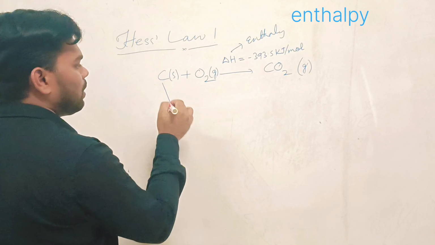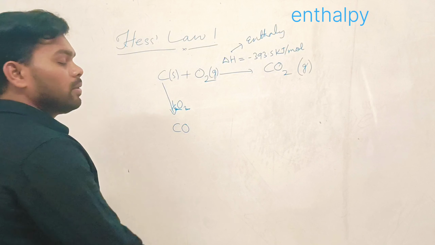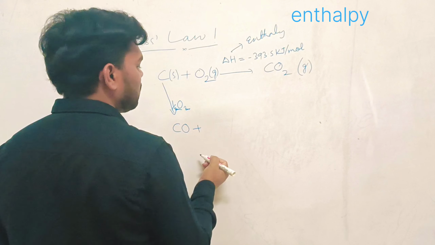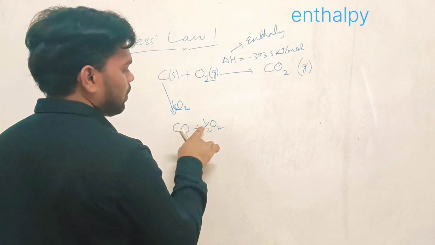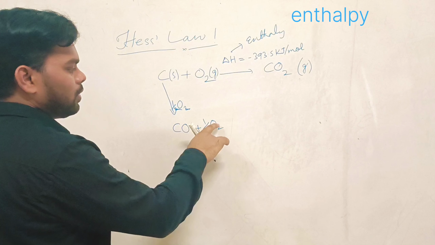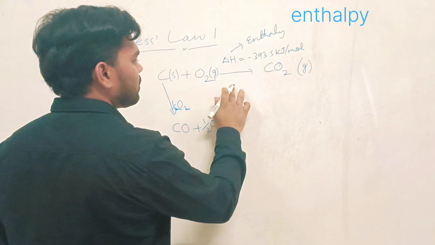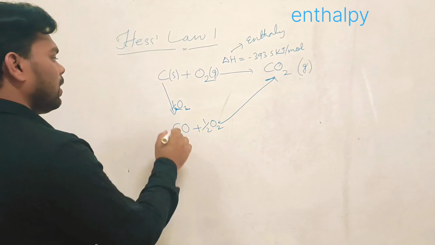Firstly, you have to add oxygen to the carbon, therefore it will be carbon monoxide. Understand? And then from carbon monoxide, again you have to add one more oxygen. That means you write half into 2, that means it is 1 oxygen. Then you can get carbon dioxide.